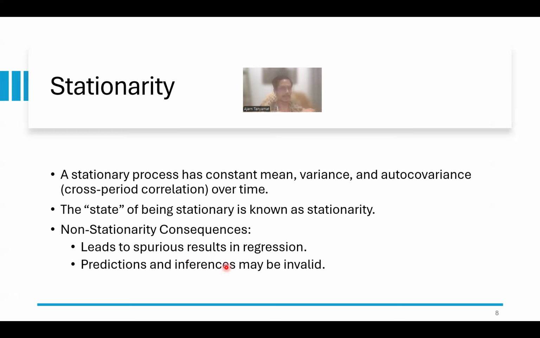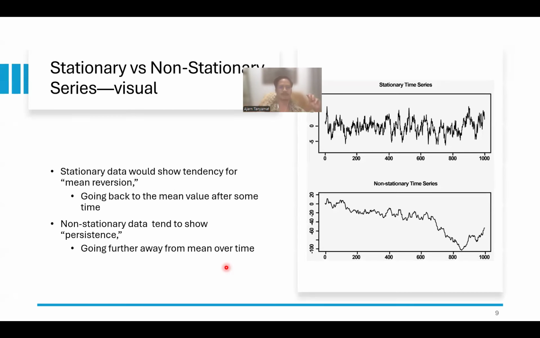Predictions are going to tell you that if X goes up, you expect Y to go up. If ice cream sales go up, you expect shark attacks to go up. But it may not work all the time because in some other cases, maybe the trend goes down instead, and you're going to observe different things, right? So we need your time series data to be stationary in order to estimate models where you have X predicting Y. Okay, so that's very important.